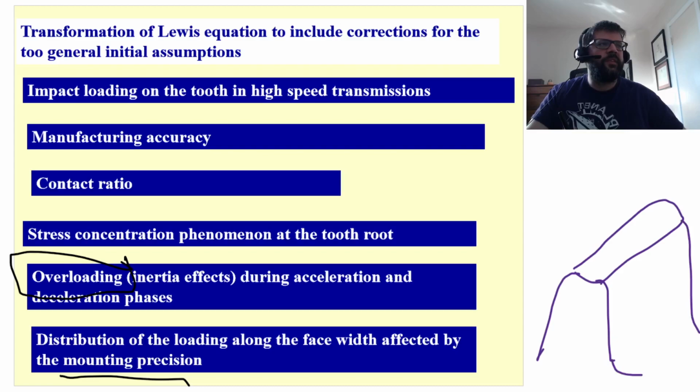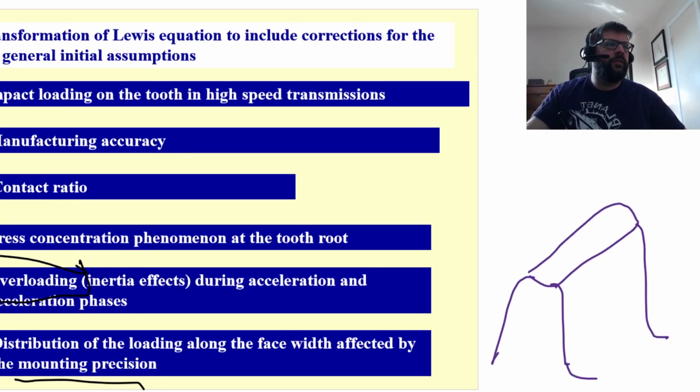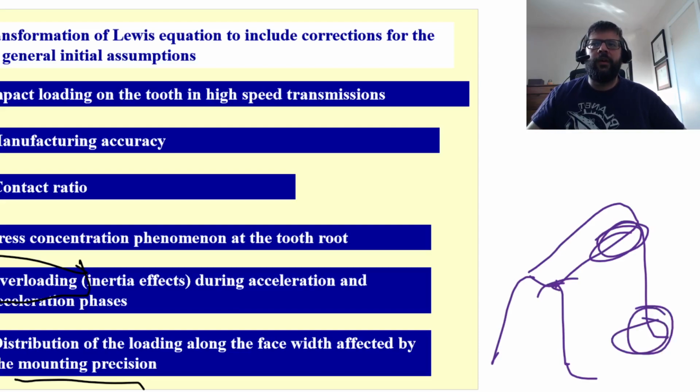If your gear tooth is a bit crooked and you are only getting contact over here, and there's no contact on this side, then you're going to see a lot more stress down in this corner below where the contact's occurring, and of course negligible, or certainly less, stress in the corner below where you have the poor contact.